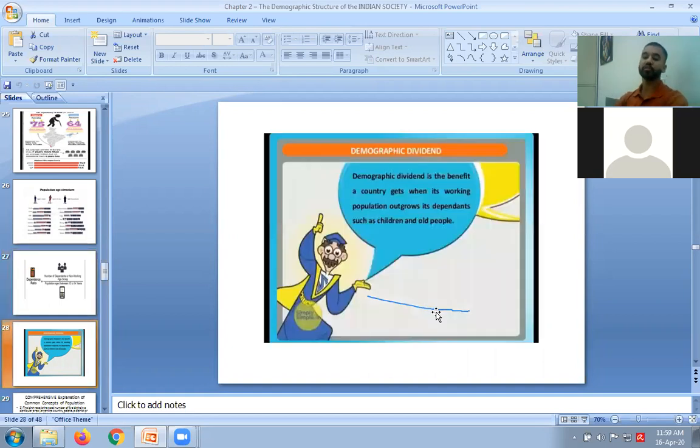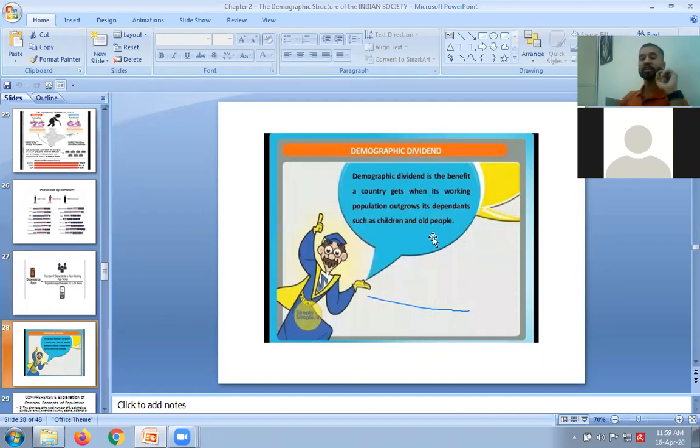Now, demographic dividend. You can see on your screen that demographic dividend is actually a positive condition, right? And how can we say that it is a positive condition? Look, demographic dividend is the benefit a country gets when its working population outgrows its dependents, such as children and old age, right?